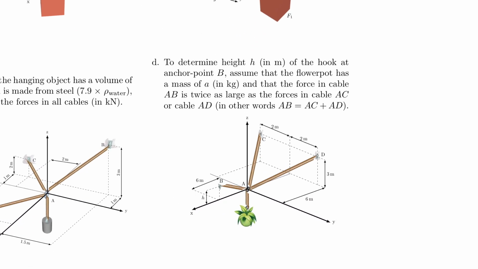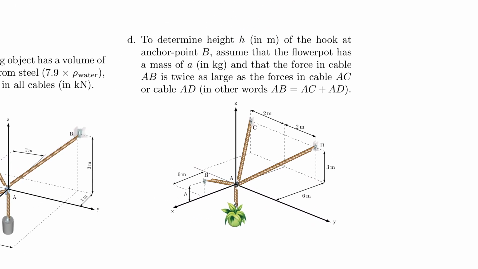Same is true for the last problem, where you have a planter given to you that has a certain weight, and it's supported by this cable structure. And likewise, as before, you have symmetry that can help you to actually solve this problem. So for example, you see that from this anchor point here, or from this 0 point, D is just as far away as C, and is just as high and just as long.